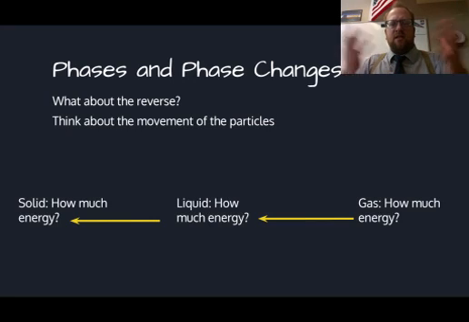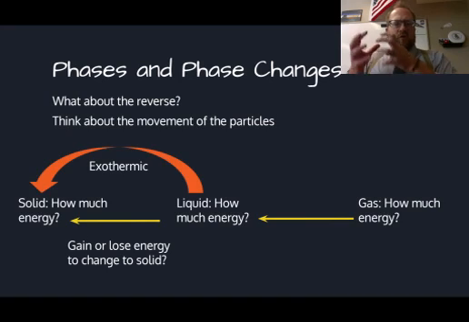Okay, it gets released into the area around it. So as we go from liquid water to solid water, our particles have to release energy. Well, if you put your hand near it and it's releasing energy to your hand, it's going to feel warm.